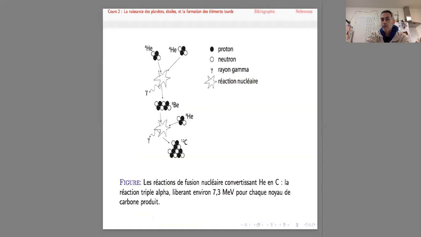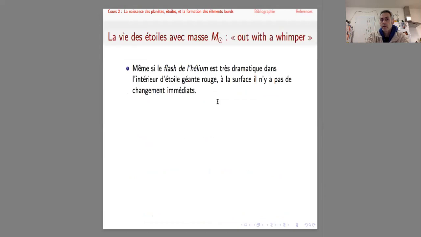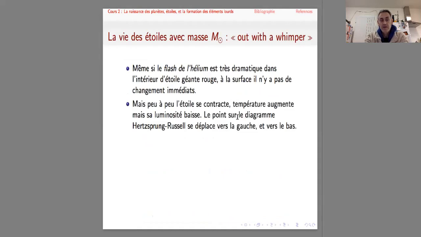And then within a few seconds, this triple alpha process is going to convert all that helium into carbon. It's an extremely dramatic event, but nonetheless, it's a very internal process, because the energy is mostly absorbed by other processes inside the star, so the net result is a quiet thing at the surface.